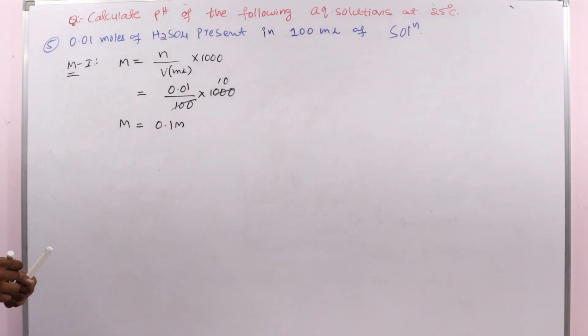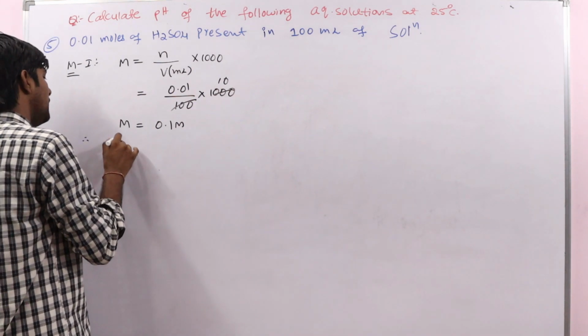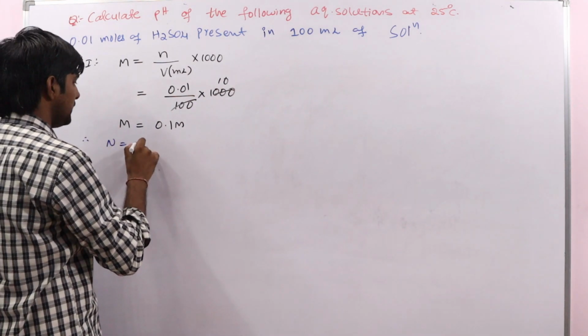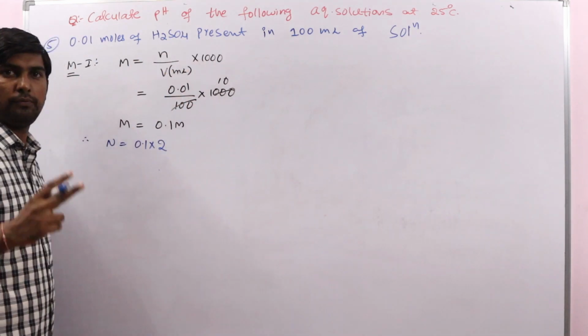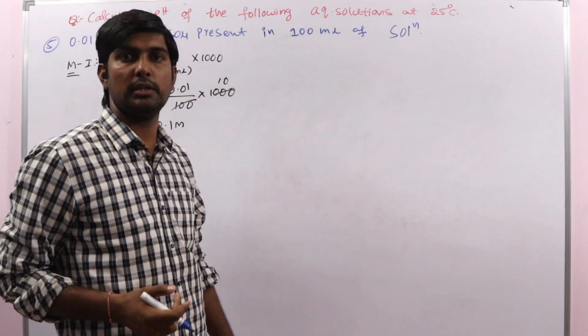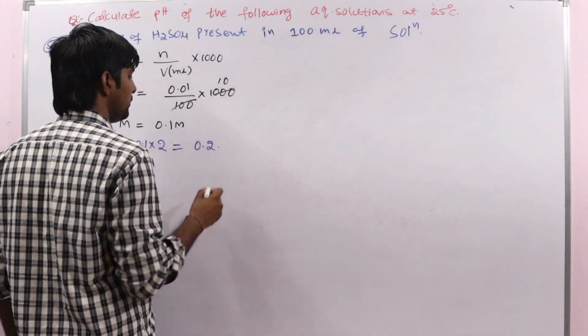But we need normality. Therefore normality equals molarity into n factor. Just now we discussed, 0.1 into 2, for H2SO4 the n factor is 2. Already we discussed it in the previous problem. So this is equal to 0.2.